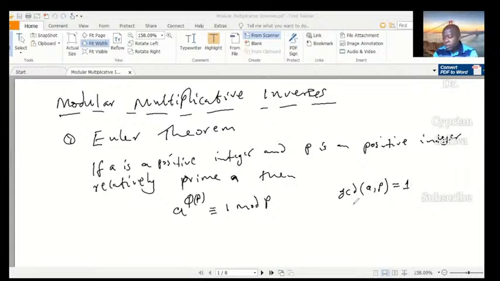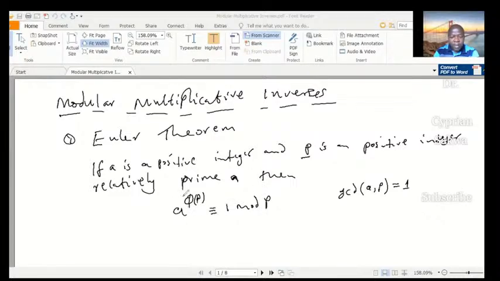That's what I mean by relatively prime. So this is the statement of the Euler theorem, and I was just mentioning what is important in it: the condition that p must be relatively prime to a. If that happens, then this will be correct.